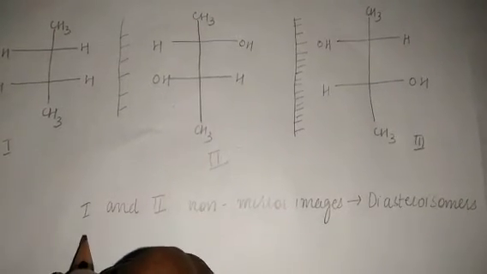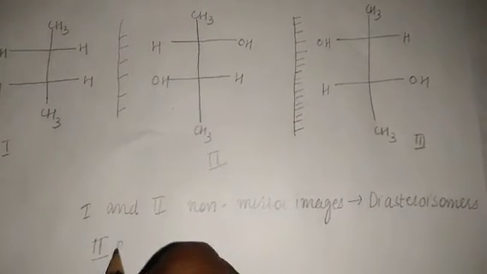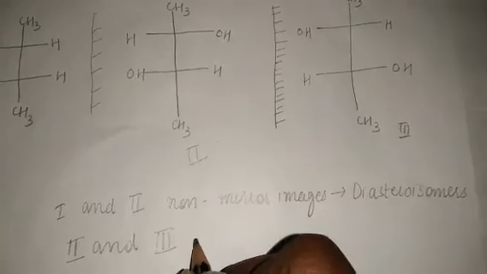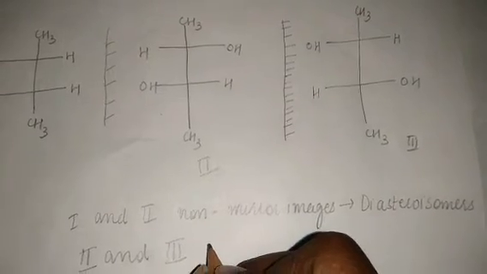Now we will see the relation between second and third. Here we can see, if we directly put the second molecule on the third molecule, it is not superimposable. So they both are non-superimposable. Although the first and second are also not superimposable, they don't form the mirror image.